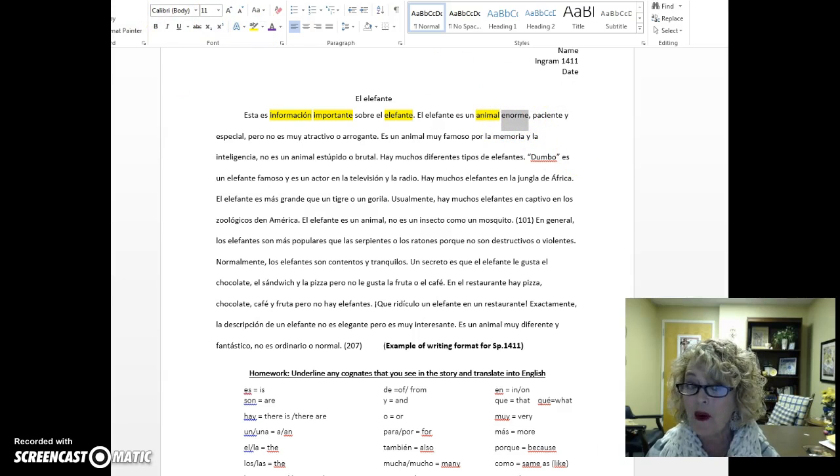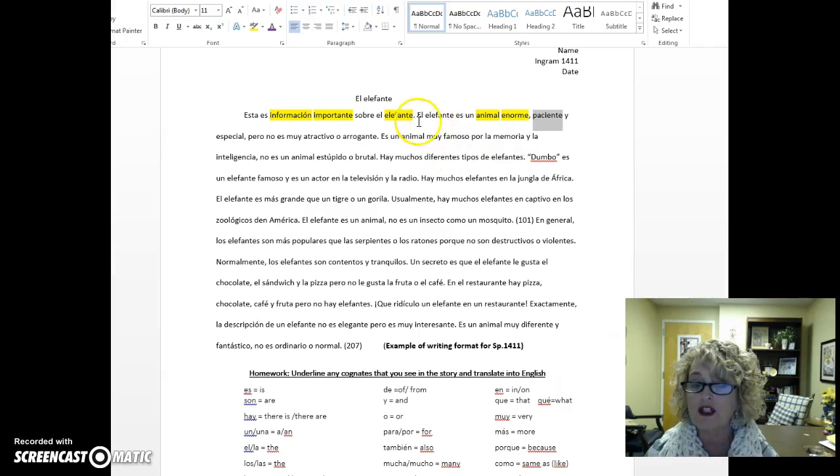What do you think this is? Enorme. Enormous. So the elephant is an enormous, and it is an enormous, paciente, patient, special, and attractive, but he is not attractive or arrogant. So that's what you're going to say. El elefante es un animal enorme, paciente y especial, pero no es muy atractivo o arrogante, perdón.